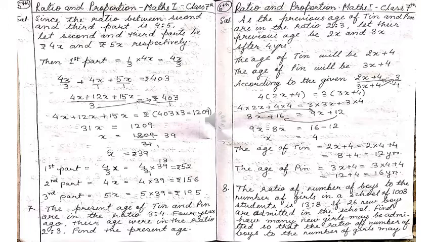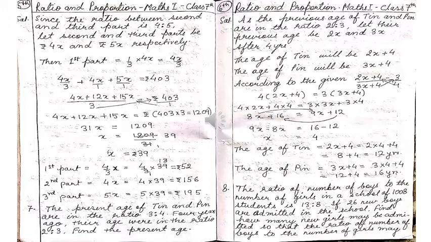Now do the cross multiplication: 4 will be multiplied with 2x plus 4, and 3 will be multiplied with 3x plus 4, and then do the interchange, make it in the variable and constant form, separate the variable and constant form.